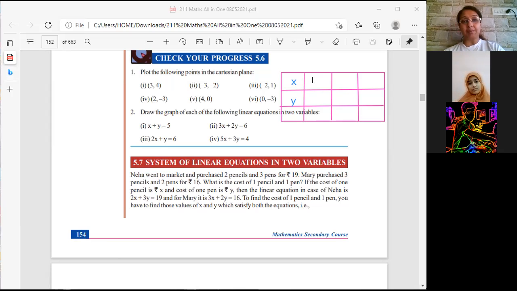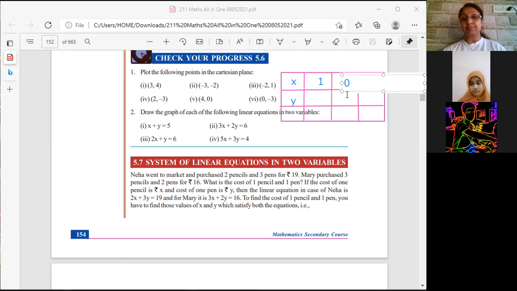Let me take the first one as -1, like how I told you. Let us take one as negative, the other one as 0, and let us take the other one as positive. Now I'm going to put it in this equation. I'm going to substitute the value.